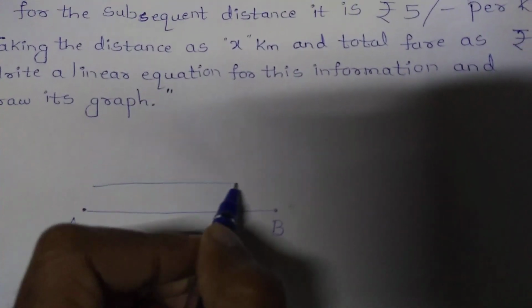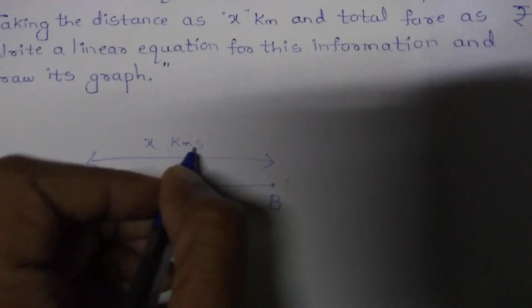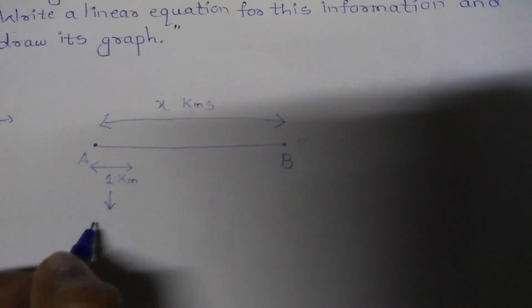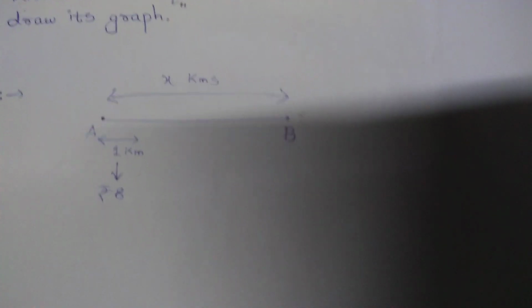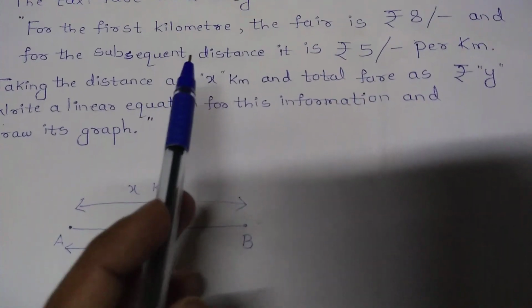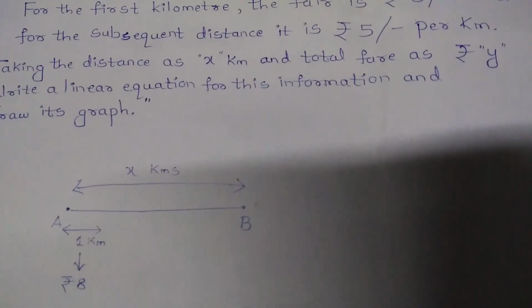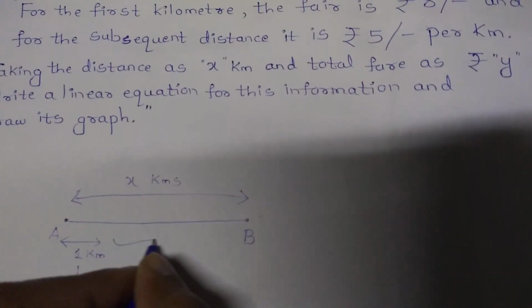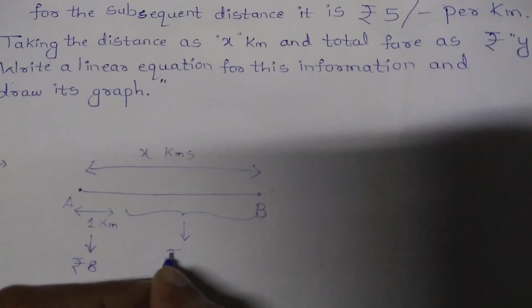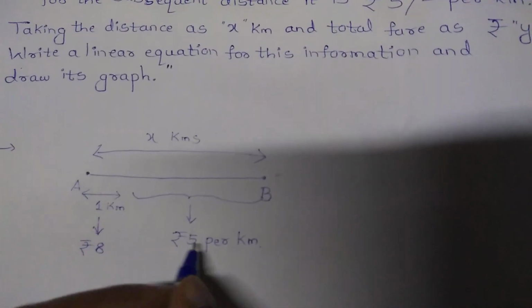For the first kilometer the fare is rupees 8, and for the subsequent distance, meaning the remaining distance, the fare is rupees 5 per kilometer.